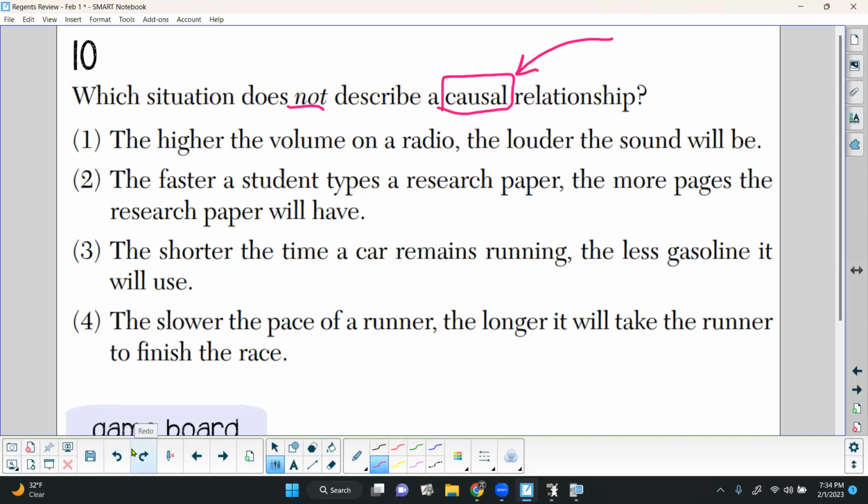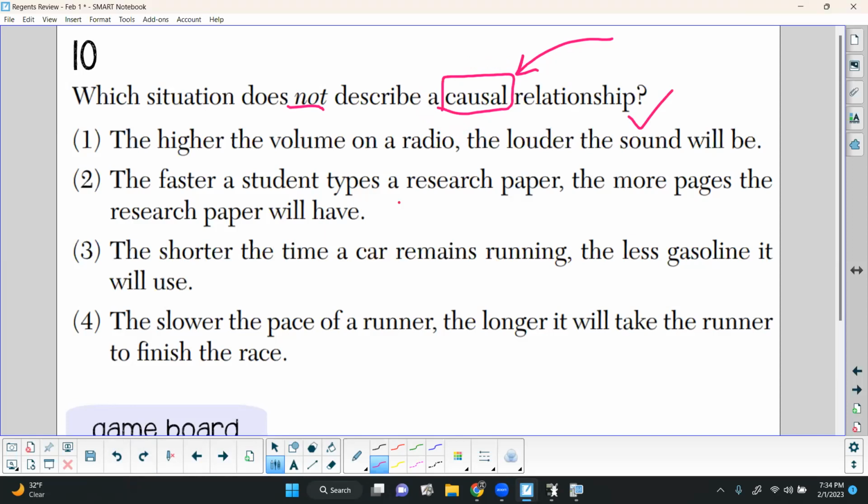The higher the volume on a radio, it causes the sound to be louder, right? So that's true. These do cause each other to happen. Number 2, the faster a student types a research paper, it causes more pages the research paper will have.